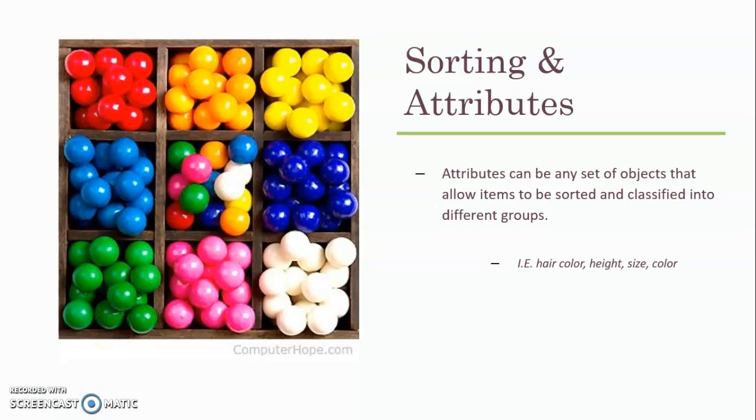But they have something different, and it's their color. So this person sorted these gumballs into colors. The reds are with the reds, the orange ones are with the orange ones, the blue ones are with the blue ones, the white ones are with the white ones, and so forth. These were sorted by their different attributes and characteristics.